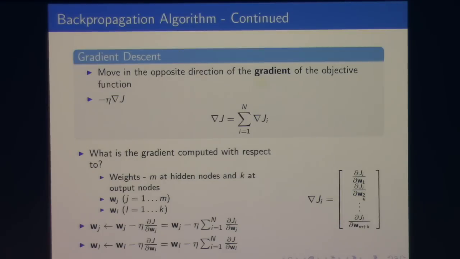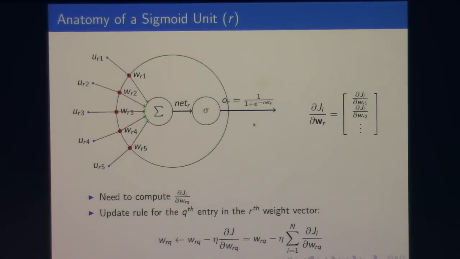Inside each weight vector, there are a bunch of weight elements, so I actually need to compute the partial derivative with respect to each one of these weight values. So we have really zoomed in to the finest atomic level of this neural unit, and we want to see how to compute that. Once we know how to do that, then it is pretty easy, because we can update it using our gradient descent rule. Any questions so far?